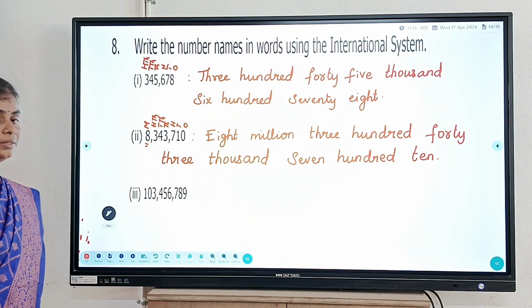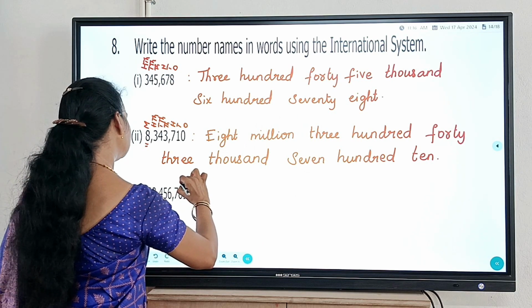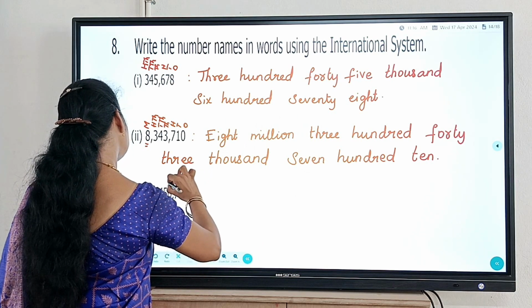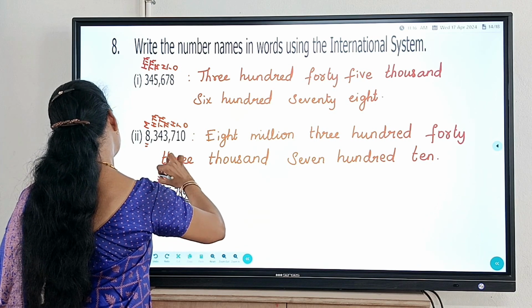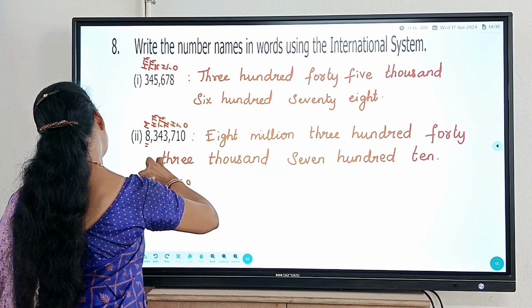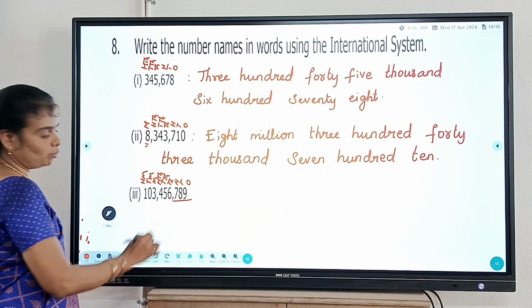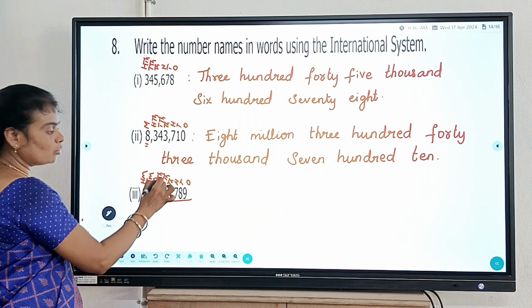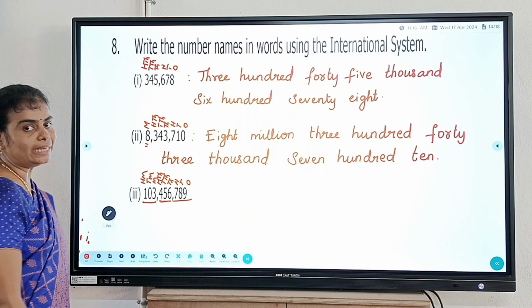So the next one, again in the international system, this is ones, tens, hundreds, thousands, 10,000s, 100,000s, millions, 10 million, 100 million. So these three numbers form the hundreds group, and the next three numbers form the thousands group, and the last three form the million group.